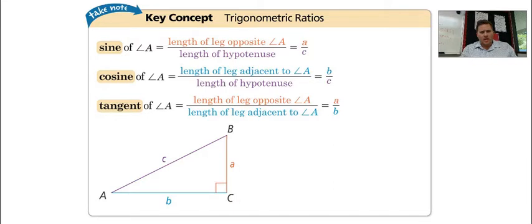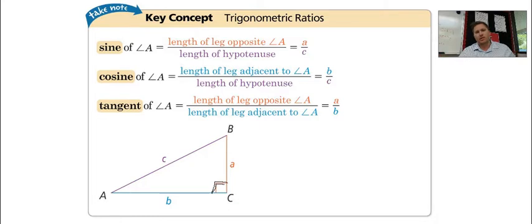So we have these three concepts right here: sine, cosine, and tangent. Make sure you write this all down. What we are trying to do is, remember, this only applies for a right triangle. These three functions allow us to find the angles of any right triangle.